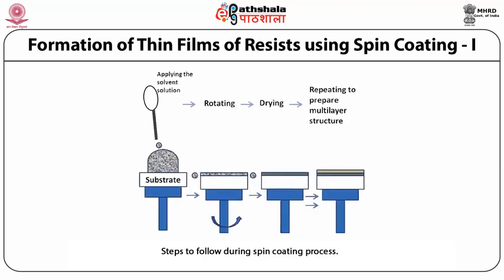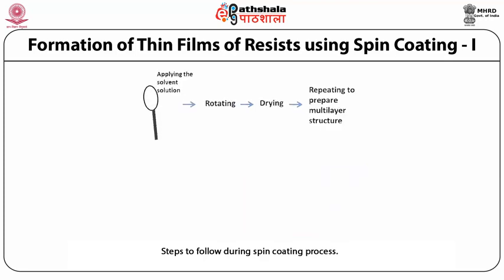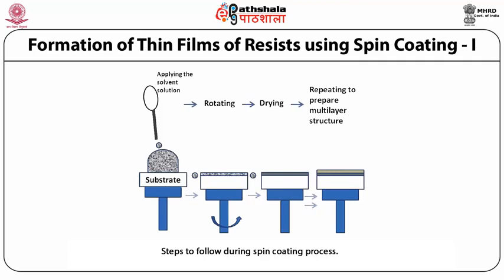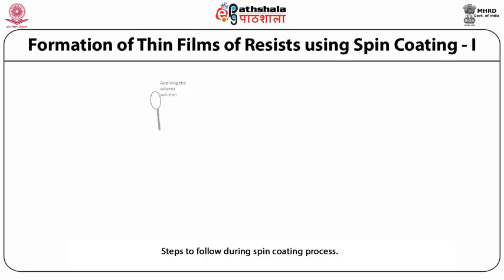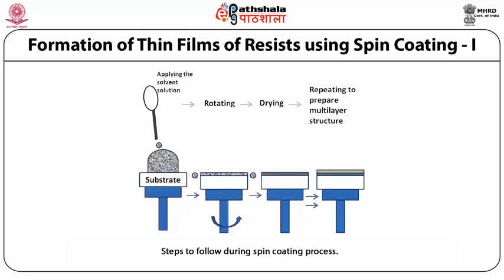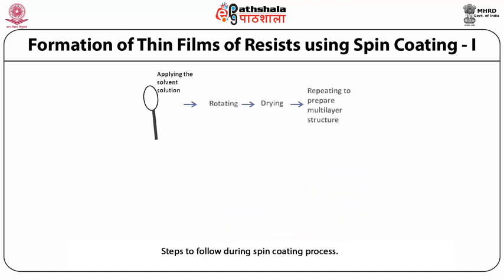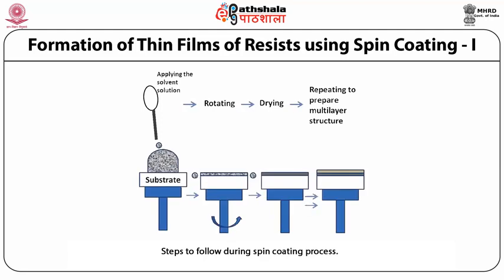The spinning at high speed using a motor allows the coating material to spread out over the substrate by centrifugal force and is continued till the desired thickness is achieved. The steps to be followed during the spin coating process are indicated in figure 7. Repeating the spin coating process consecutively a few times can form highly thick films.